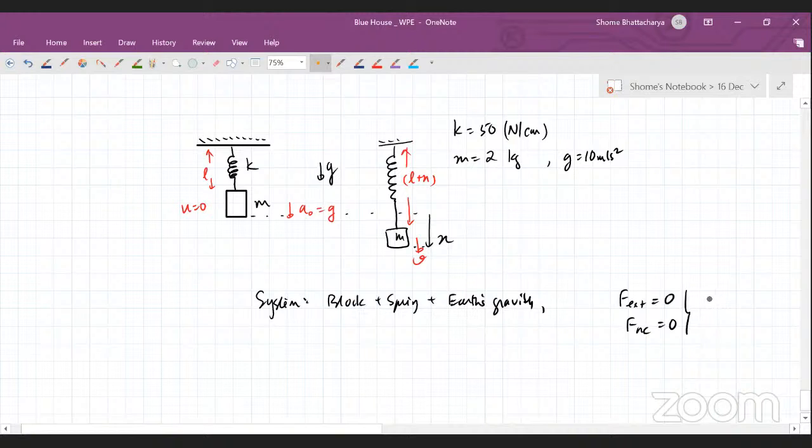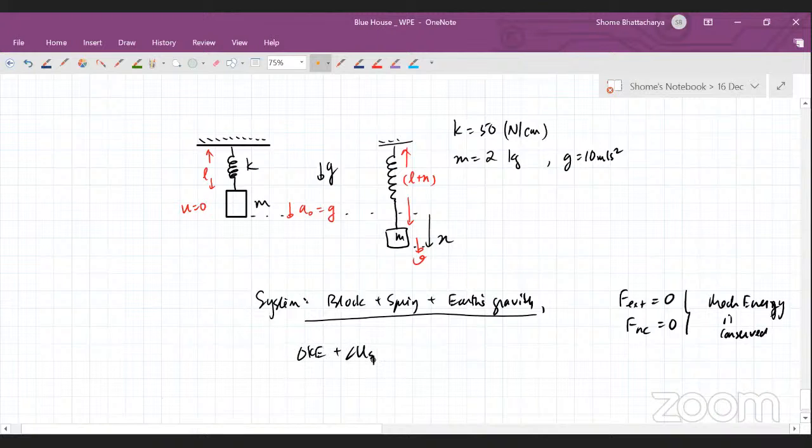So mechanical energy is conserved. Both the spring force and the gravitational force are internal conservative forces. So mechanical energy is getting conserved. Okay. So for this system, change in kinetic energy plus change in the spring's elastic potential energy plus change in gravitational potential energy should be 0.